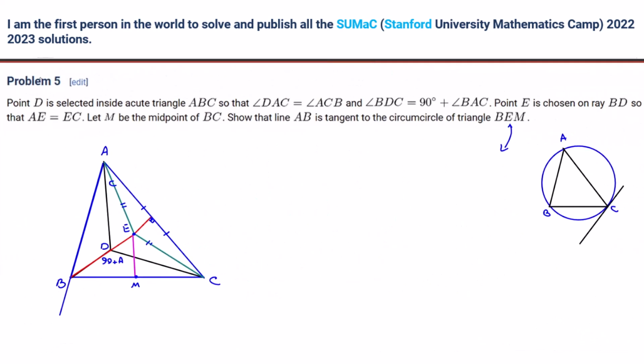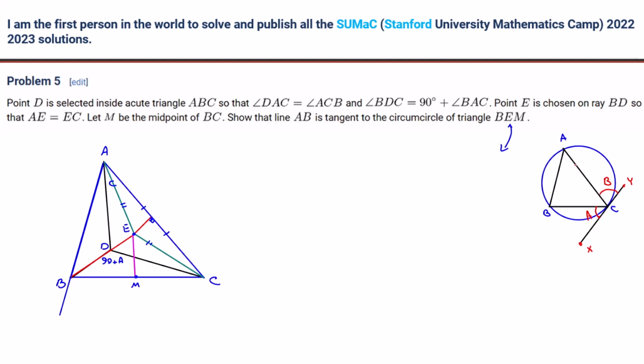Let me call this point X and this one Y. Then this line is tangent. Which two angles are equal? This one is A, and this one is B. Yeah, sometimes it's easier to prove this, sometimes it's not.